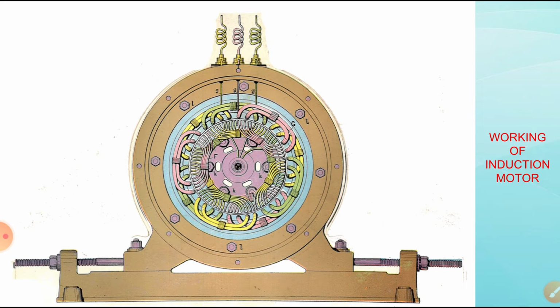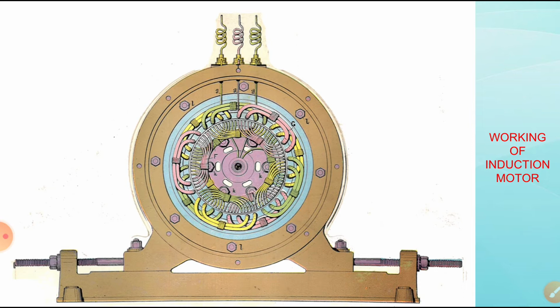That mathematical proof we also did with vectors and wave diagrams. The resultant flux rotates around the stator at synchronous speed, given by Ns = 120f/P, where f is the Indian frequency, 50 Hz, and P is the number of poles.